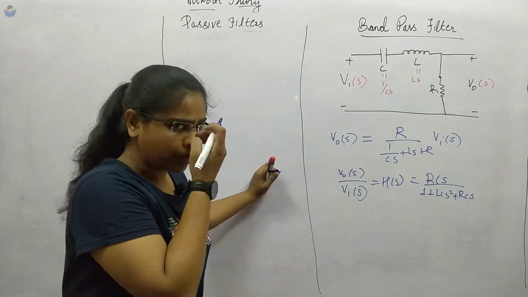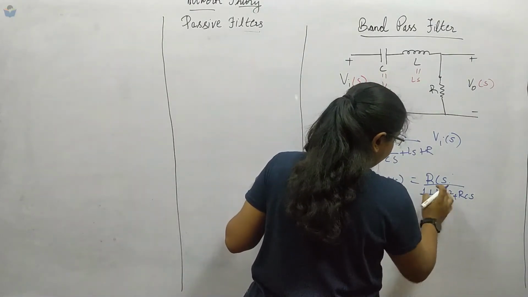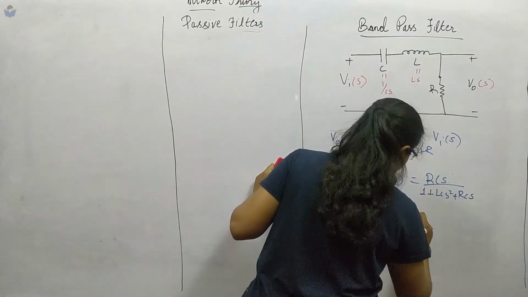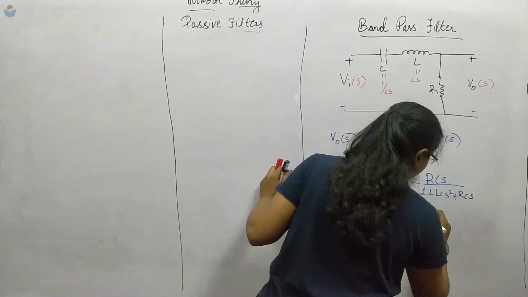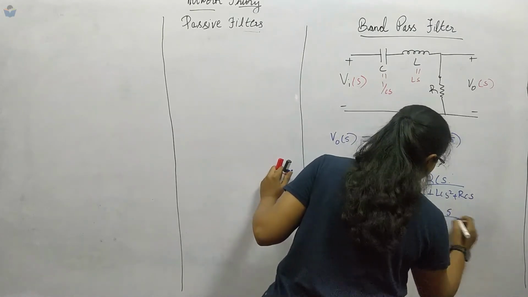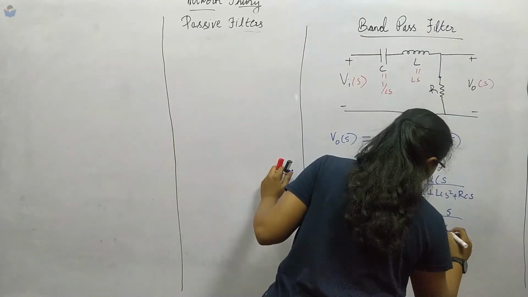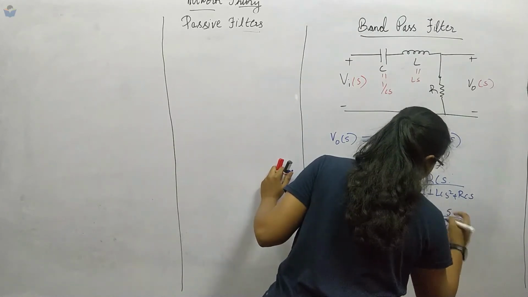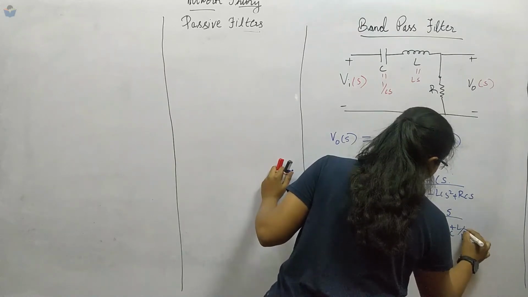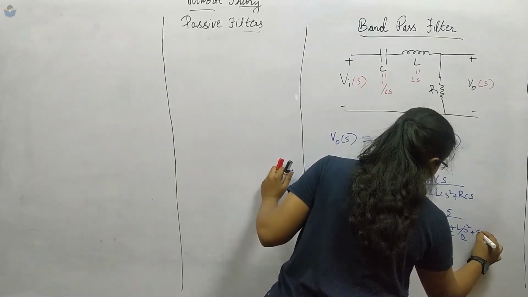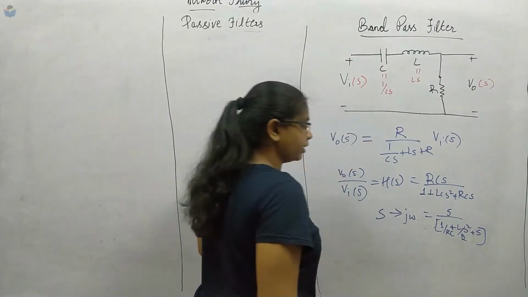Now this is in the S domain, right? S equals J omega. Substitute this, or else you can take RC as common. Then this will be 1 by RC plus L by R S square plus S, so this RC and the numerator RC will get cancelled.